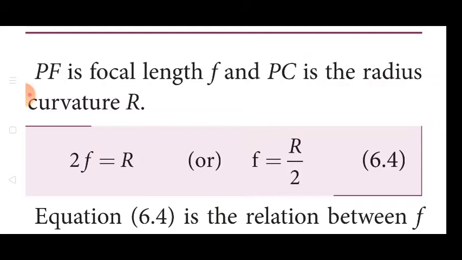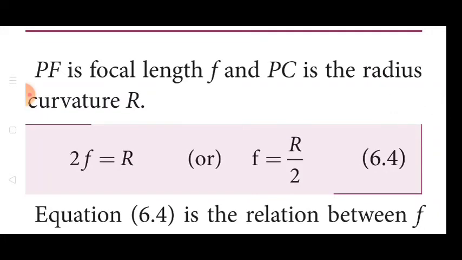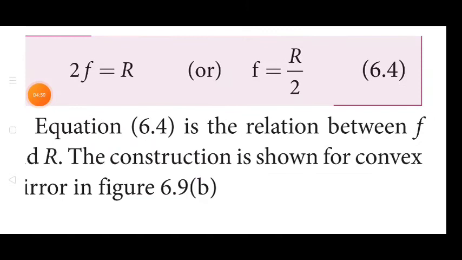So equation 6.4 says focal length is half of the radius of curvature, or R is equal to 2 times the focal length. This is the relation between focal length and radius of curvature. That means equation 6.4 is the relation between F and R.